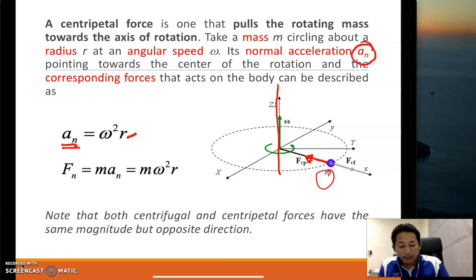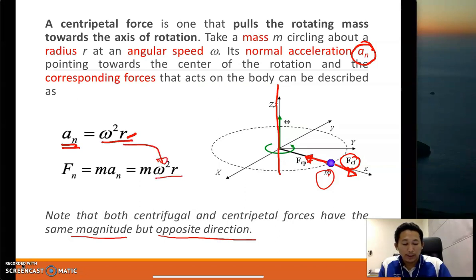Note that both centrifugal and centripetal forces have the same magnitude, the same value, but opposite direction. So this is the direction of centrifugal force, outwards from the axis of rotation. So F equals M times A, where we put the normal acceleration into the equation.